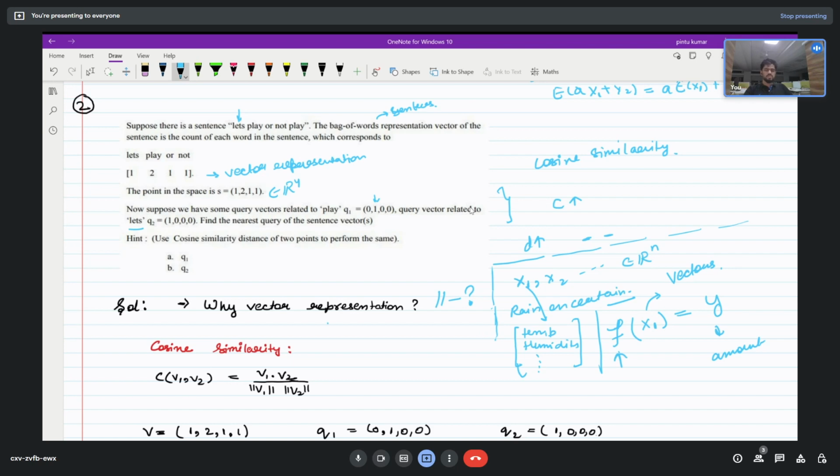There are other places also where these kinds of representations are used. If you look at network data, that is your graph, something like nodes and vertices, these kinds of data are very common in nature and in many applications.